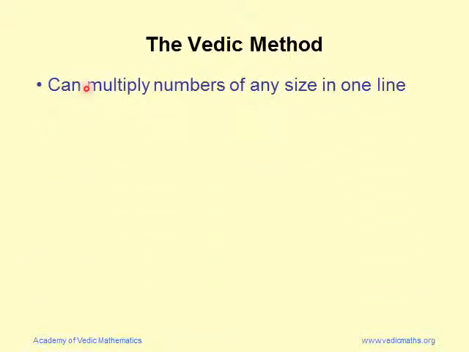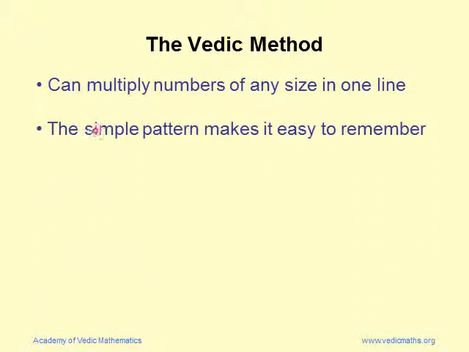Using the sutras, we can multiply numbers of any size in one line. With practice, the student should be able to skip the intermediate steps and write the answer in one line. Its pattern is simple, which makes it easy to remember. Vertically and crosswise is the sutra, that's the pattern. Easy to explain, the system is based on the place value system.